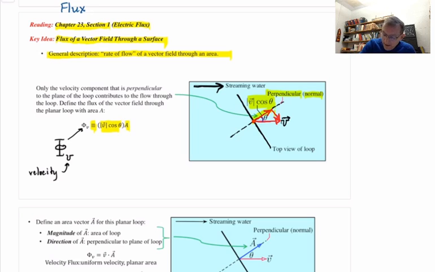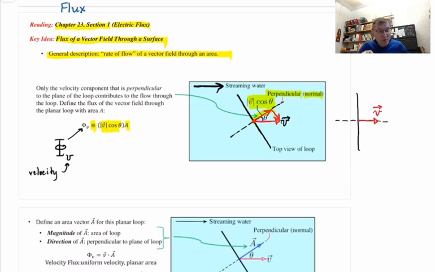So just to try to be even more clear, I'll draw over here to the side. What if I were to hold the surface so that it is like that relative to the water flow? Or to say it another way, the normal is like that, which is exactly the same direction as the velocity of the flow.